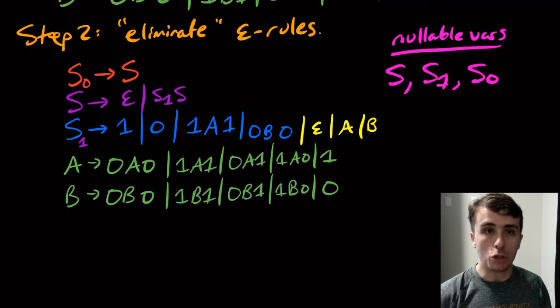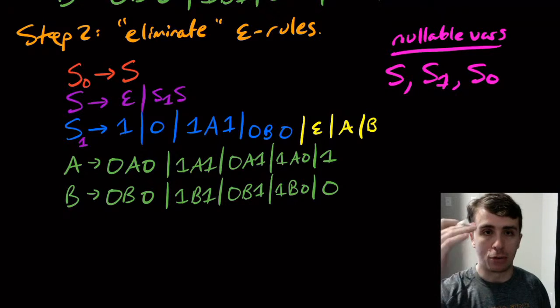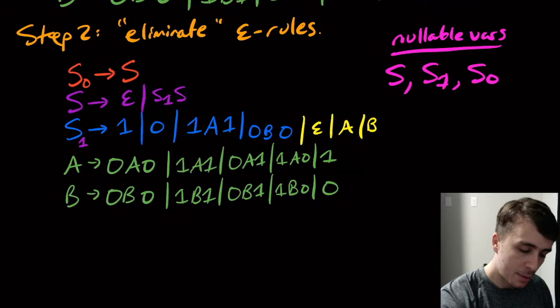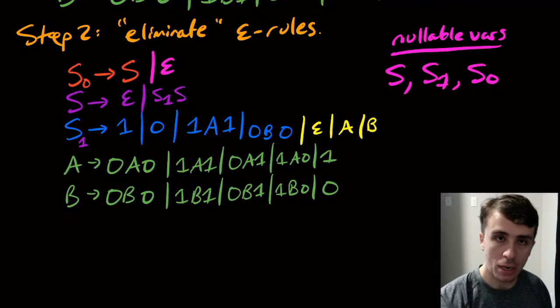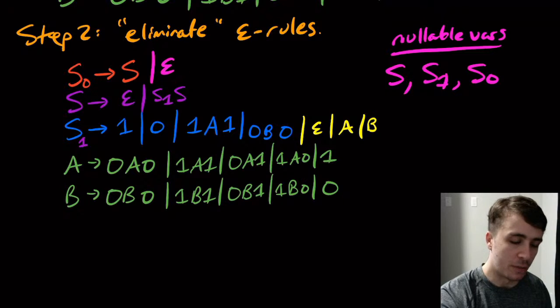So what do you do once you have this list? What you do is you copy and paste rules around. So what we do first is make sure that S0 does get epsilon because it can make the empty string, and we have to make it at some point. The only way we can do that is with the start variable.